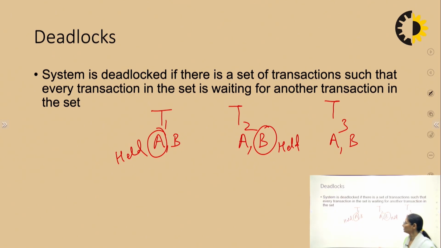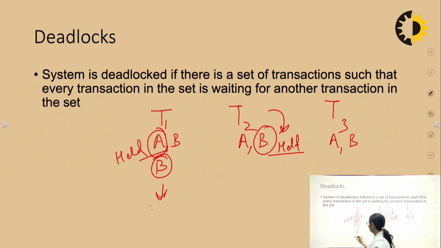In that case, transaction T1 will get a lock on data item A, and transaction T2 will get the lock on data item B. Later on, transaction T1 wants to work on data item B, but it is not possible, because T2 has already got hold of data item B and has not released it yet. So T1 will go into the waiting state, waiting for the T2 transaction.